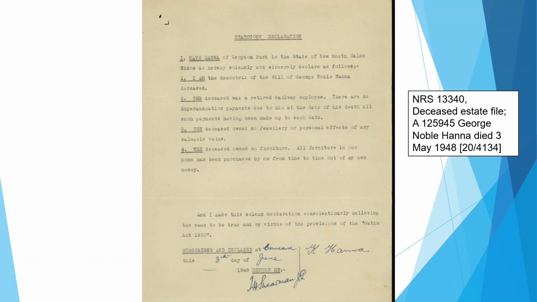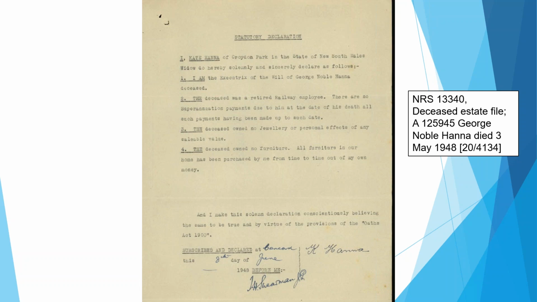And this other document here is just quite interesting. This is the statutory declaration of Kate, who was his wife. So she's declared she's the executrix of his will. He was a railway employee, so you could go off and research railway employee records to find out how long he worked for the railways and what his job was and that sort of thing.